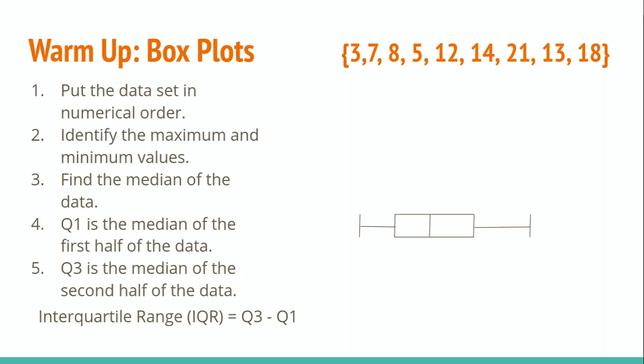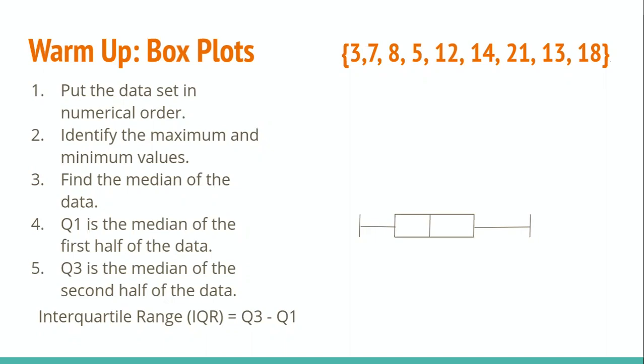So, first, you identify the maximum and minimum values. Well, no, excuse me. First, you put the data in order. Then you identify the max and the minimum values. Then you find the median of the entire data set.